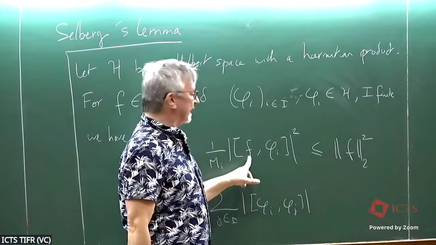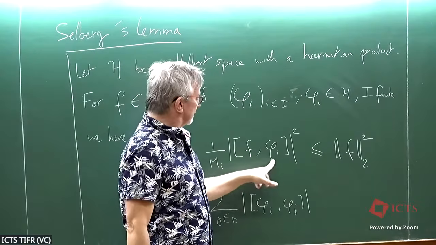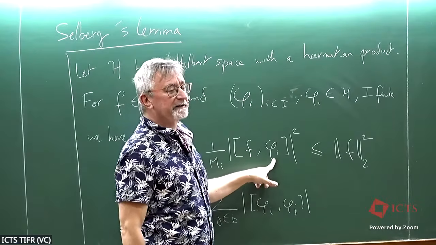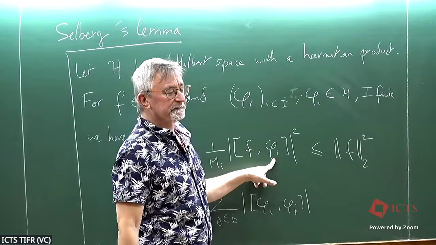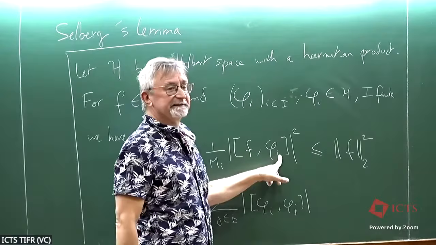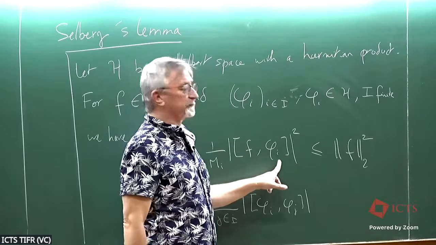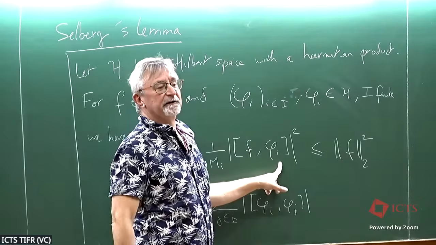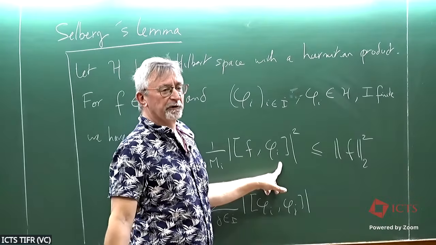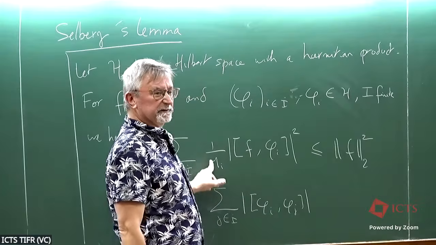So we want f, that's going to be my sequence un. Phi I is going to be exponential nx for n varying, and x index x is my index I. Okay? So the product f times phi x is going to be the value of my trigonometric polynomial. And let's hope I can control this one.